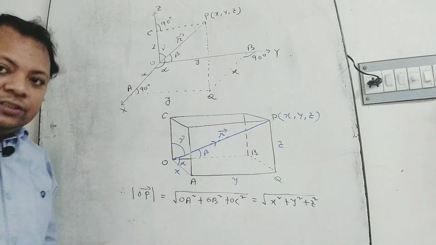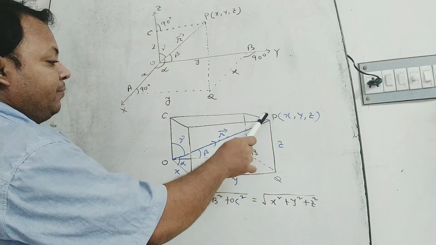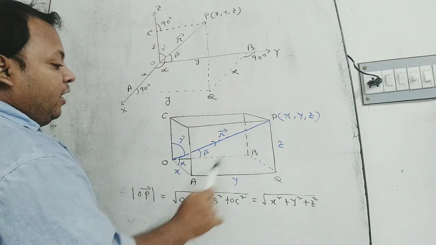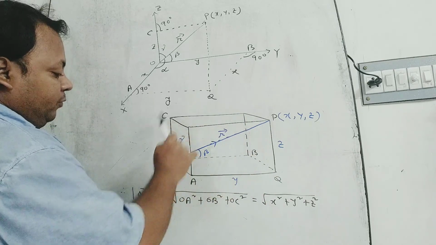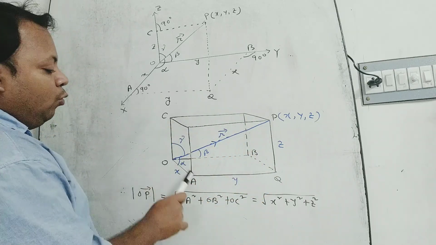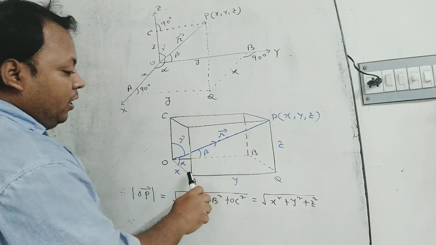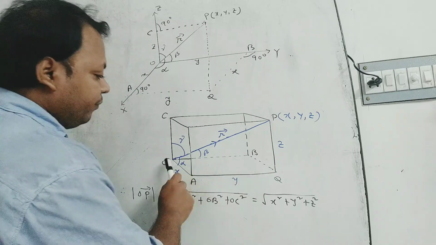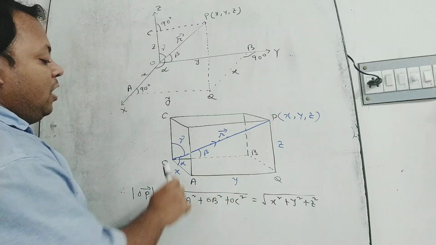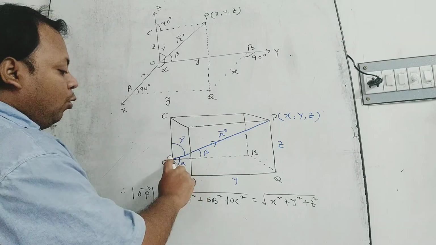If we consider a rectangular parallelepiped OAQBPC, okay, this is a rectangular parallelepiped. Here OA is the length of the parallelepiped, AQ or OB is the breadth, and OC is the height of the parallelepiped.